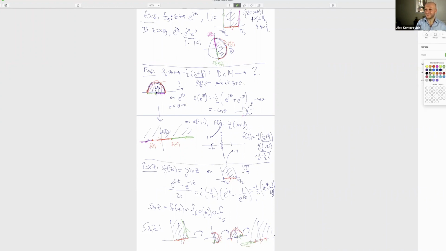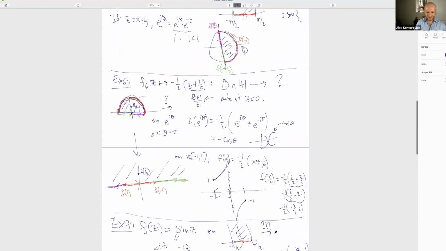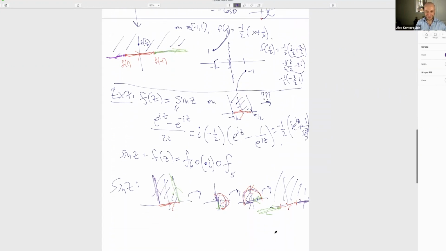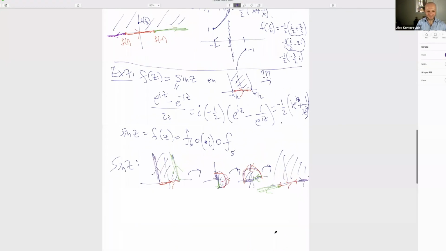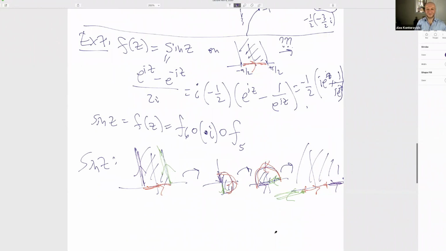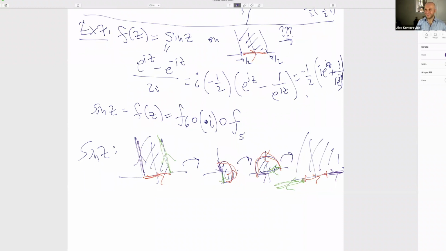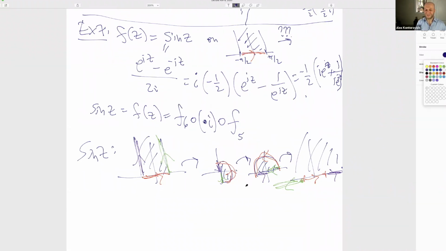And finally, this part goes there, goes there, and goes there. And that, ladies and gentlemen, is the sine function. So this to this is the sine function that takes this region to the upper half plane. Cool?